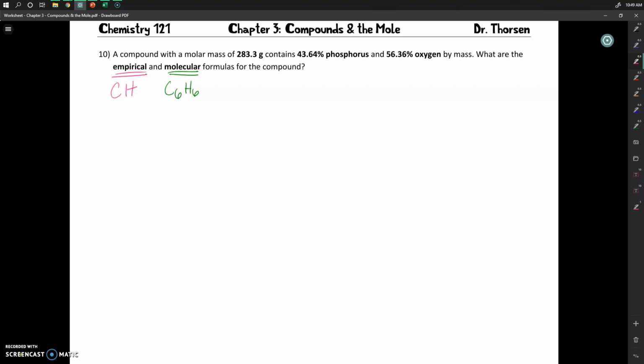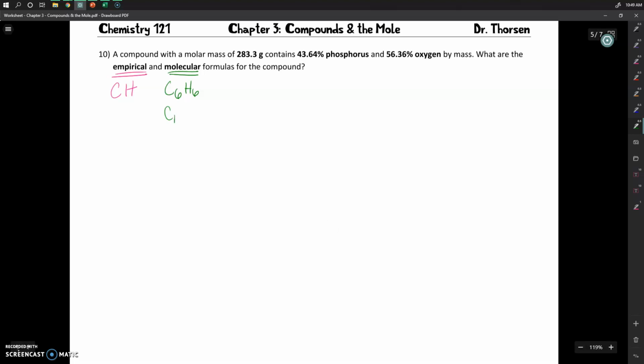You can notice that CH represents the simplest whole number ratio between the elements. We have 1 carbon for every 1 hydrogen. Now we know in the molecule itself, there's 6 carbons for every 6 hydrogens, but that ratio between the elements is 1 to 1, so that's what's being represented by the empirical formula. And one of the other things I talk about in the lecture is that you can have an empirical formula with many different molecular formulas that all come back to the same empirical formula.